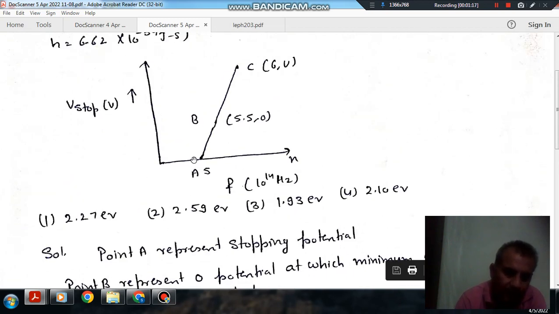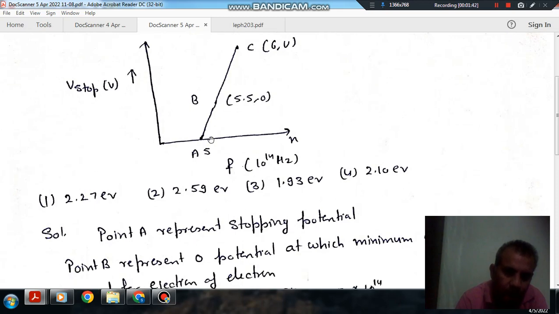So here point A represents the stopping potential because at point A a negative y coordinate is observed. At point B the y coordinate is 0, and as A is below B, it will have a negative y coordinate. So this is your stopping potential. At point B the stopping potential is 0.